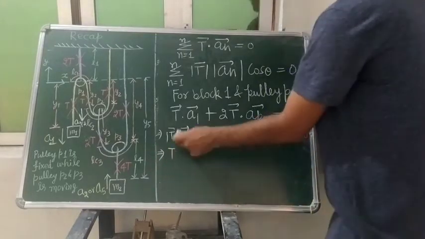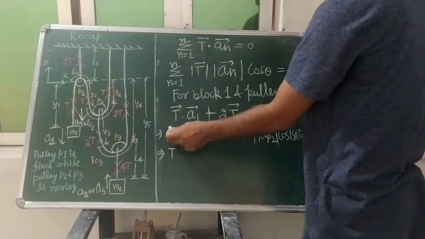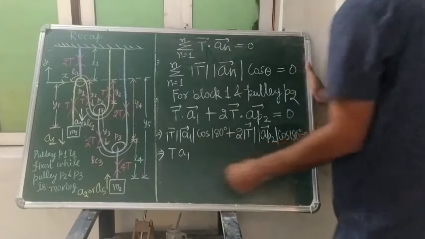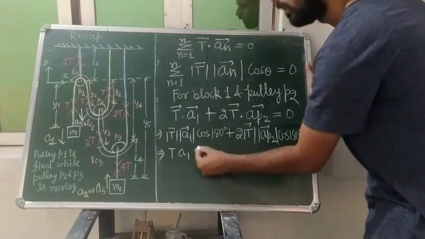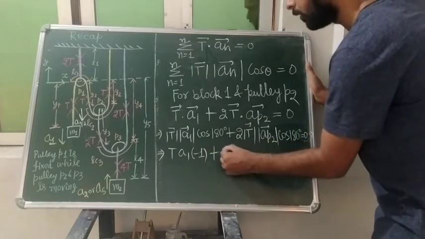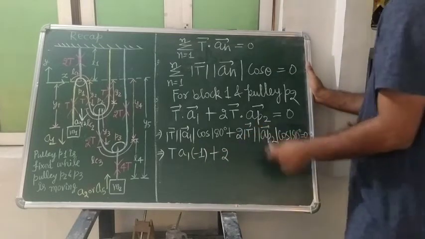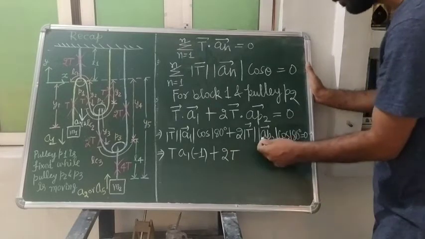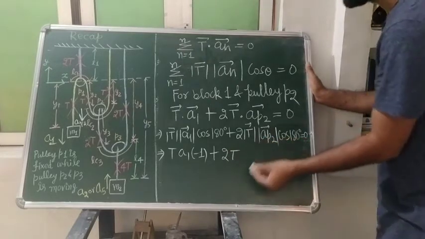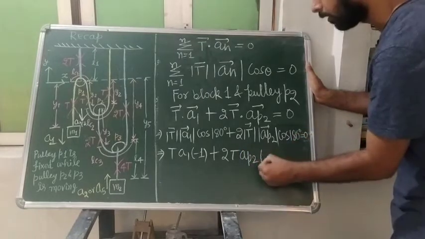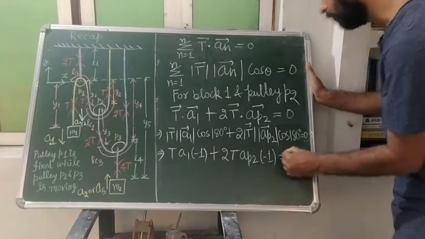The magnitude of this T vector is T, and here the magnitude is A1, and cos 180 becomes minus 1. Here we get 2 times the magnitude of the T vector, which is T, and the magnitude of this AP2 vector, which is AP2, and cos 180 becomes minus 1, equal to 0.